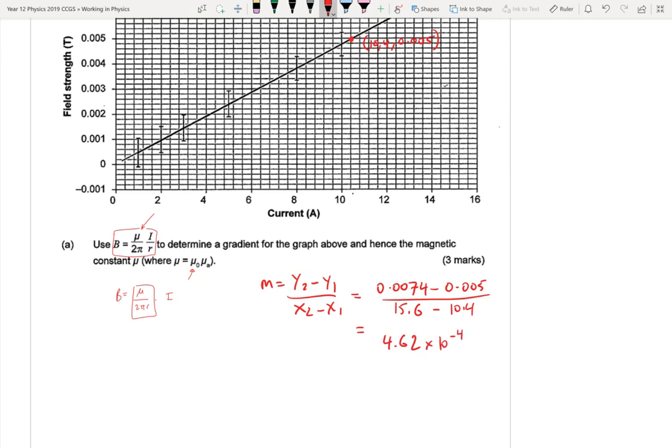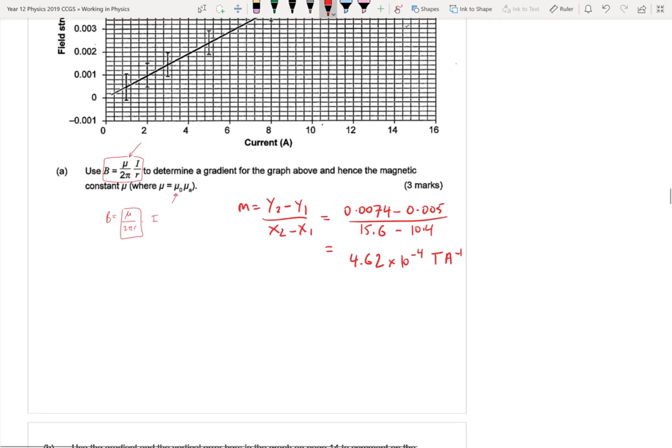The units would be Tesla per amp. All right, 3 minutes. That's all the time that you should be given.